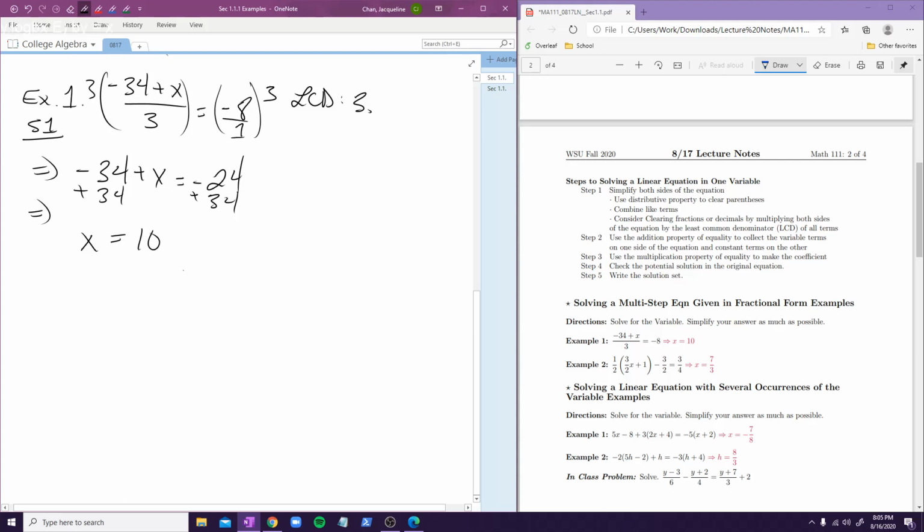So for step 3, use the multiplication property of equality to make the coefficient of the variable 1. But luckily for us, the coefficient of our variable is already 1, so step 3 is done.